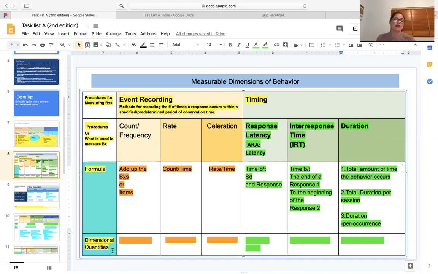Yes. Okay. So when we talk about dimensional quantities, when it comes to behavior, how many do we have? Do you guys remember? 3. So which one goes with count or frequency? Repeatability. Nice job. Which one goes with rate?